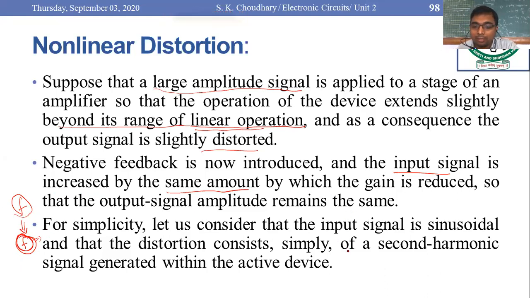Your output signal produces output at the fundamental frequency f, as well as at twice f and three times f. So there is some amount of amplitude present. This is what is responsible for the non-linear distortion.